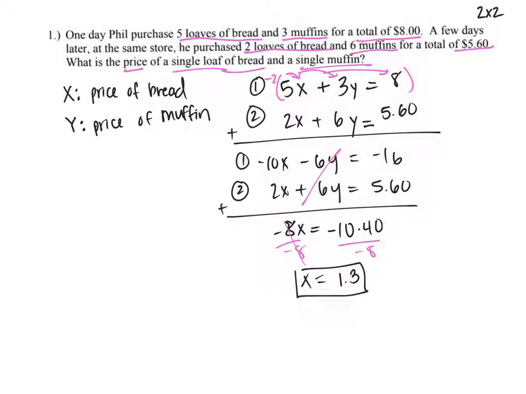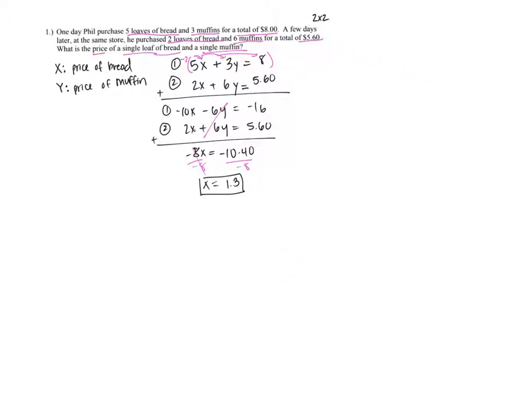So if I plug this into the first equation, this is 5x, which is 1.3, plus 3y equals 8. So now I'm solving for y. I'm going to multiply these two, 5 times 1.3 is 6.5, plus 3y, if I carry that down.